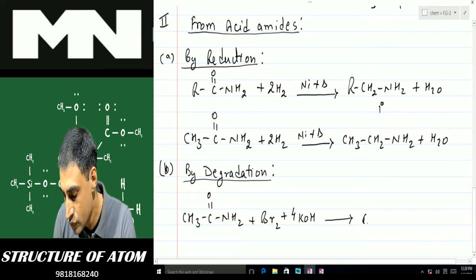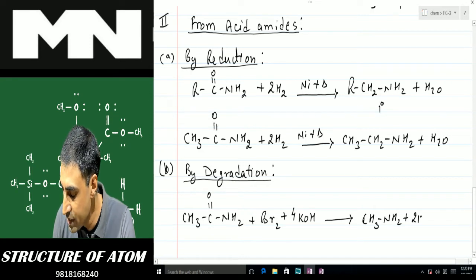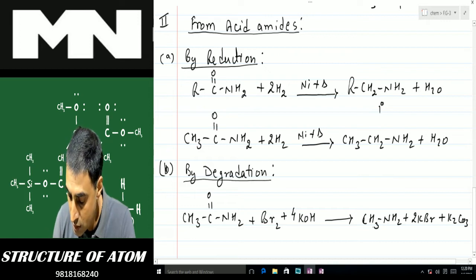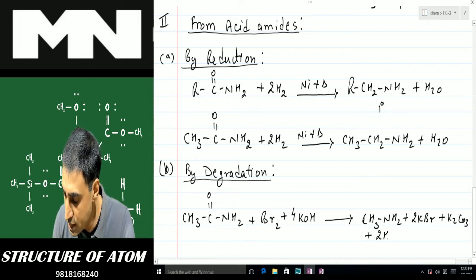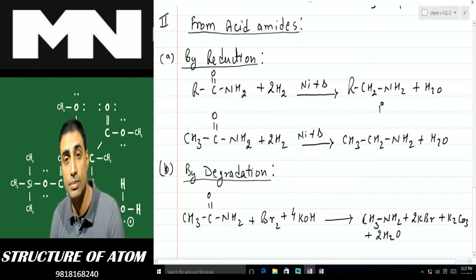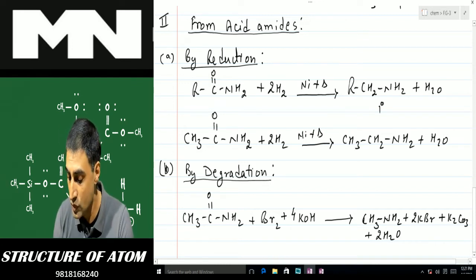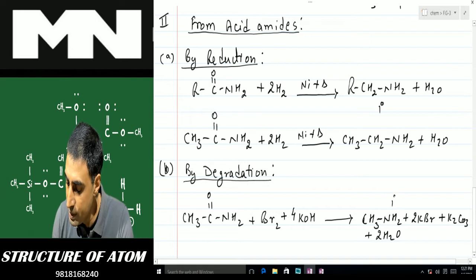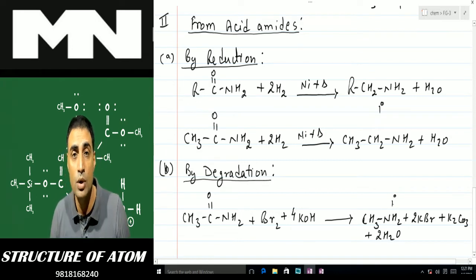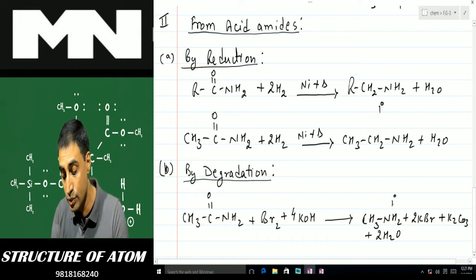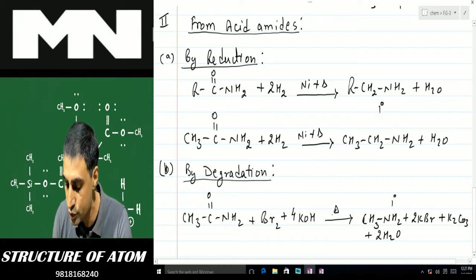That will give me CH3NH2 plus 2KBr plus K2CO3 plus 2H2O. So in this case, you will see that one of the carbon atoms is reduced. You are getting a primary amine which has one lesser carbon. On the reactant side you have 2 carbons, but on the product side only 1 carbon. So whenever you are required to convert ethanoyl amide to methane amine, carry out this degradation process, in which we heat it also.